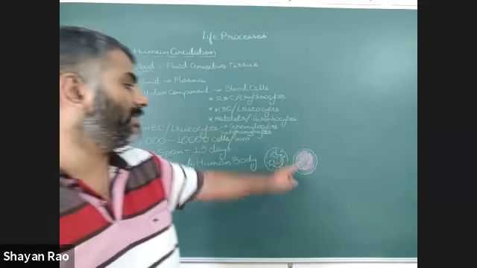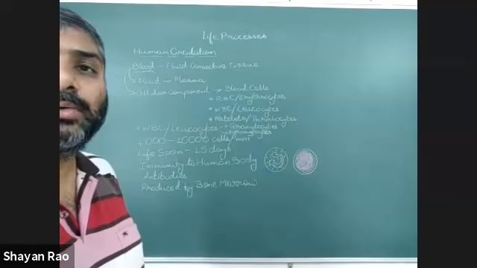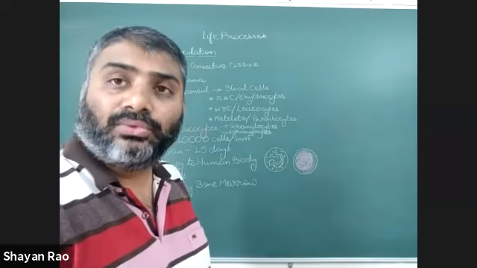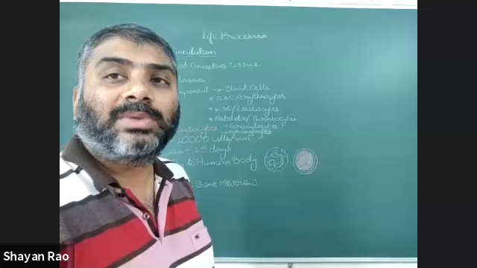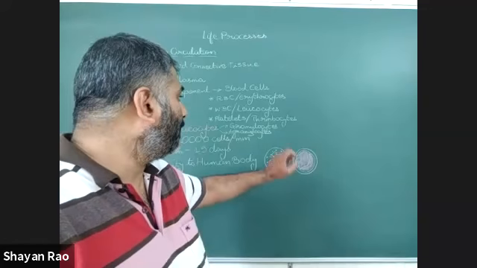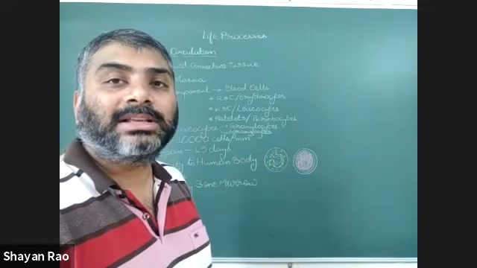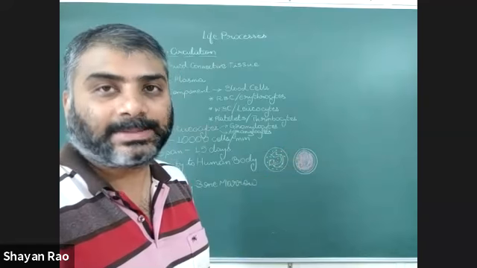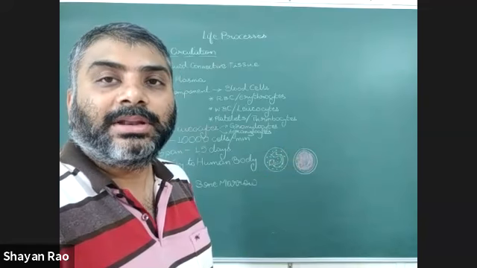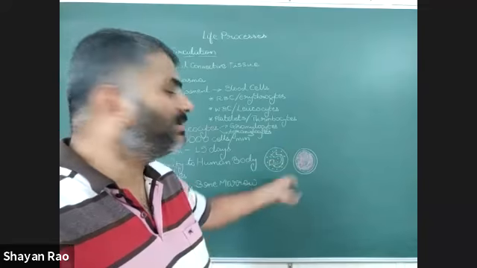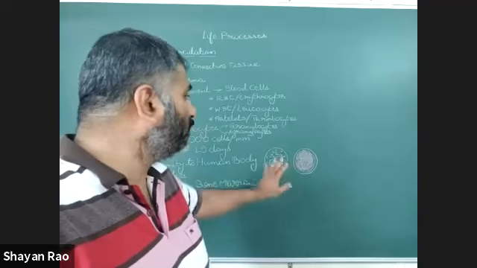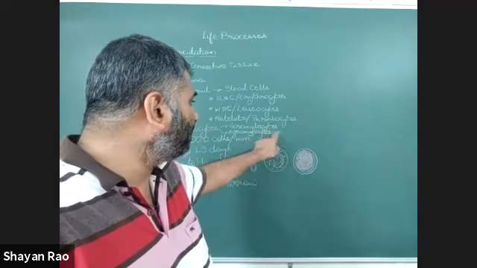Granulocytes, agranulocytes. Under granulocytes, we have the classification as acidophils, basophils, as well as neutrophils. Under agranulocytes, we have lymphocytes and monocytes. Those are the two there. It's not required for you, but just know that there are agranulocytes and granulocytes.